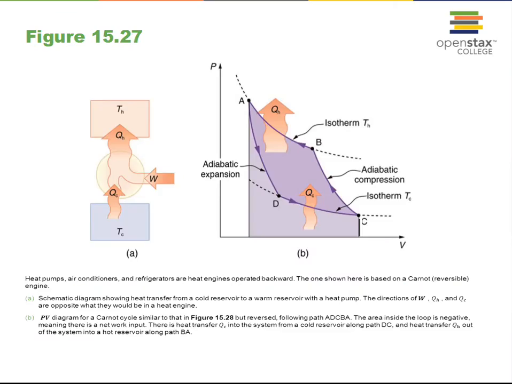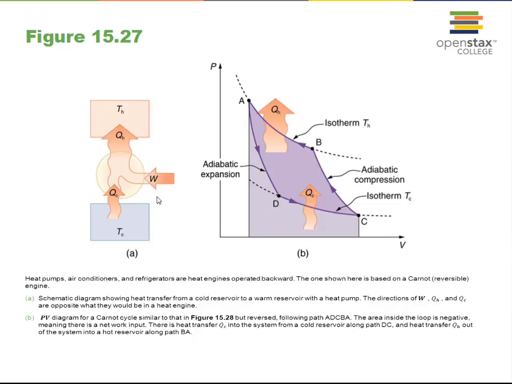So let's discuss the diagrams here for the heat engine and a little bit on the PV diagram. But the situation for the heat engine is reversed for the heat pump. For a heat engine, energy was leaving the high temperature reservoir, being captured partially by the engine and delivering some useful work, and then there was energy rejected to the cold reservoir.